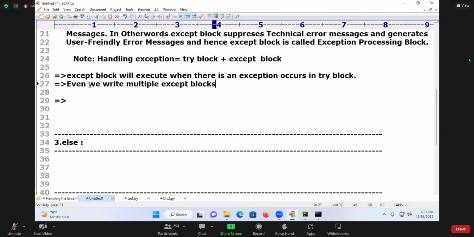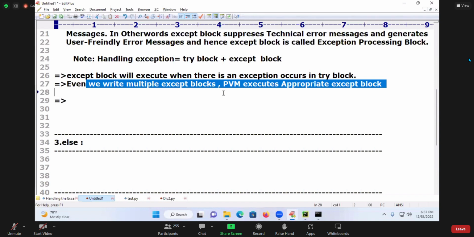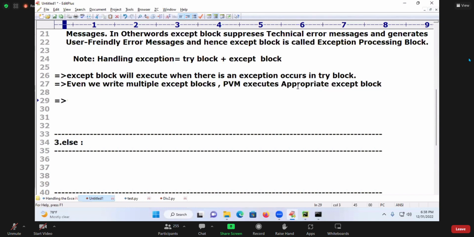Even if we write multiple except blocks, PVM executes appropriate, which block? Except block. Even if we write multiple except blocks, PVM will execute the appropriate except block.